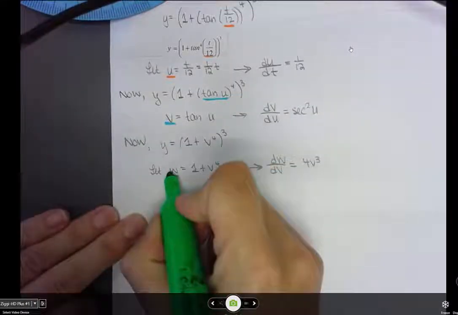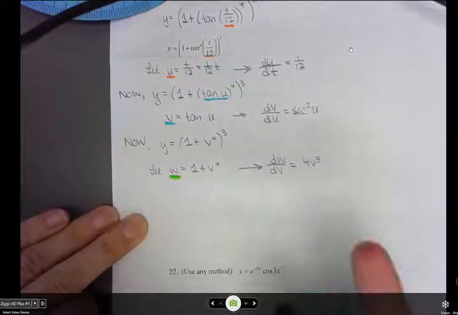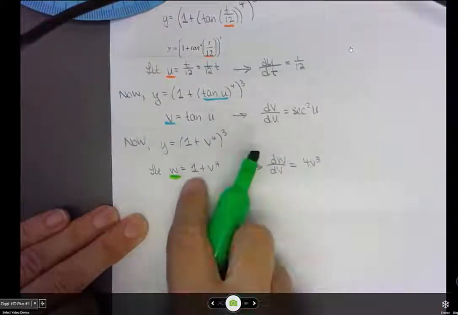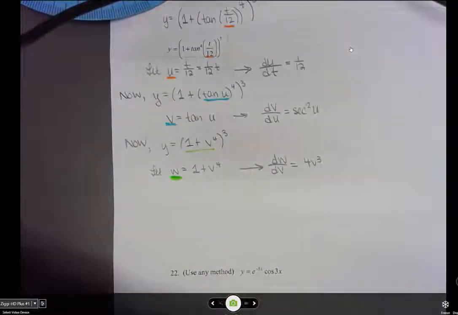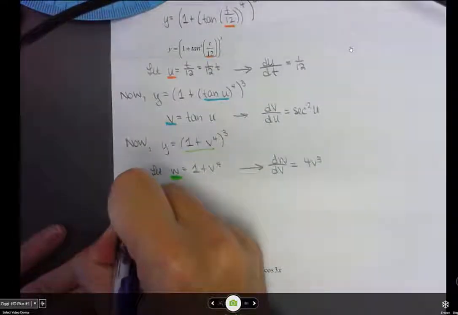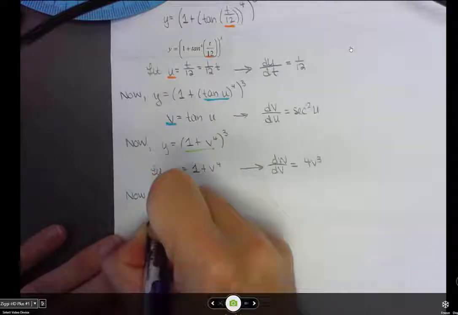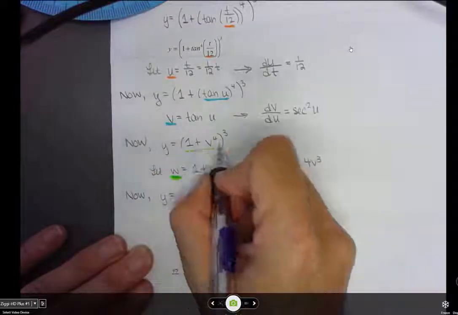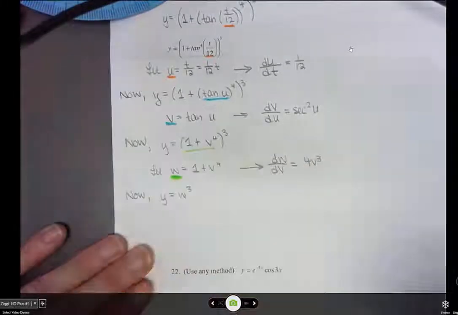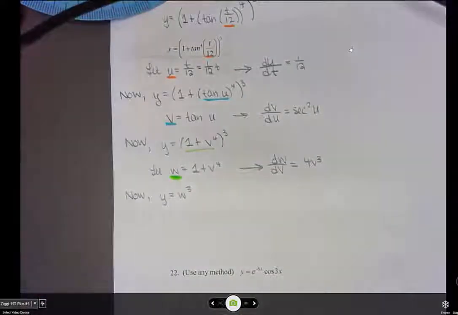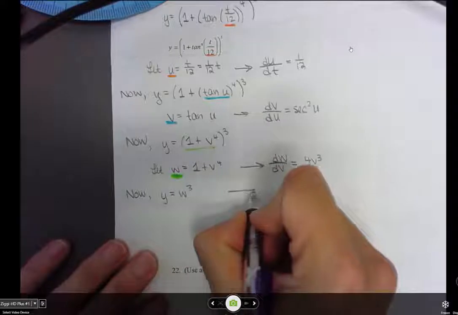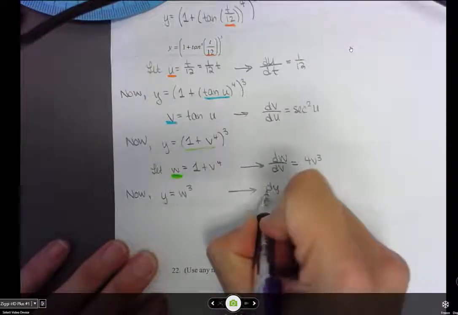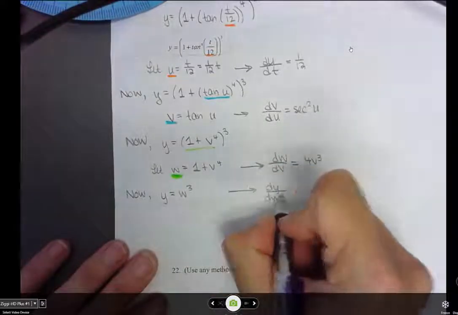So w goes in wherever I had 1 plus v to the 4th, which is right here. So making that substitution, now y equals w to the 3rd. And now there's not an outside function and an inside function. There's just one function where I can use the power rule. So I'm ready to do dy dw. And so it'd be 3w squared.